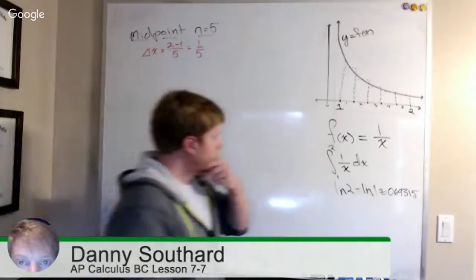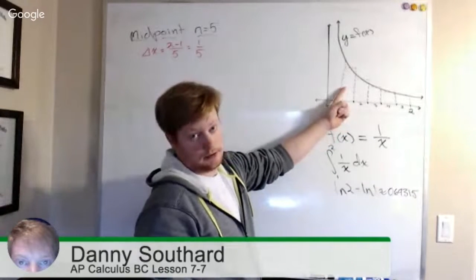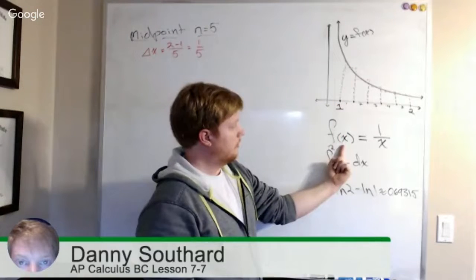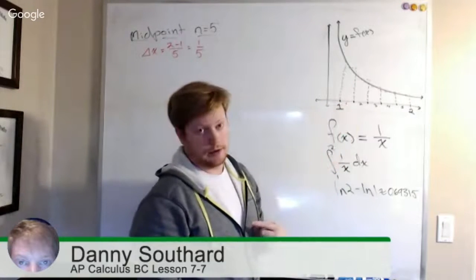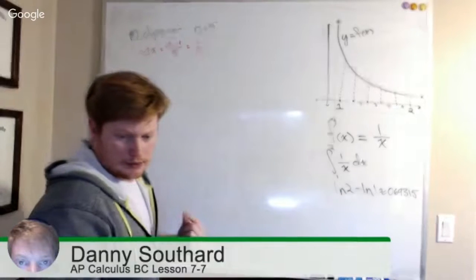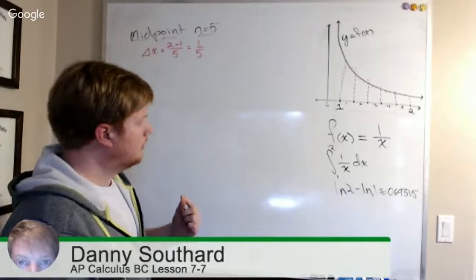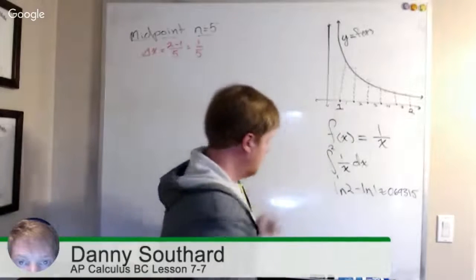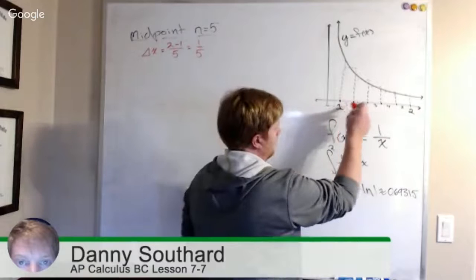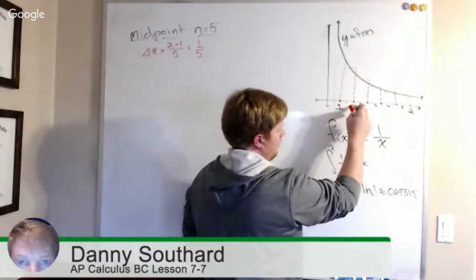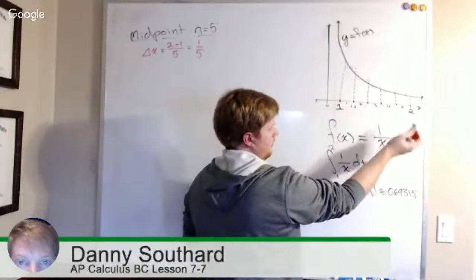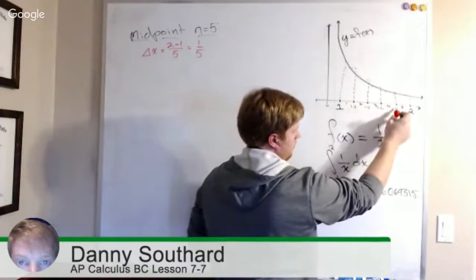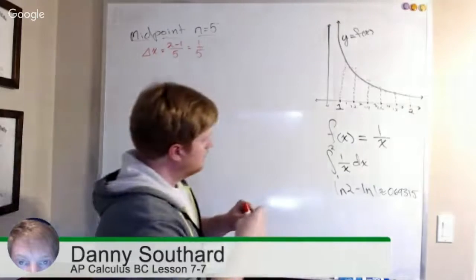And then the first rectangle is going to have a height equal to the value of the function at the midpoint. The subinterval endpoints are 1, 1.2, 1.4, 1.6, 1.8, and then 2.